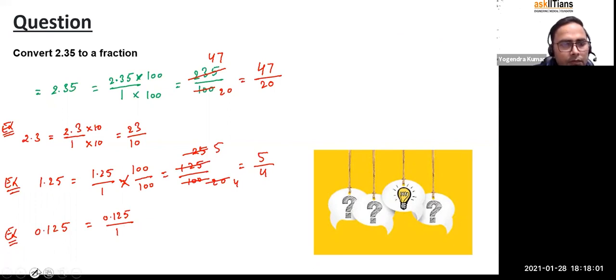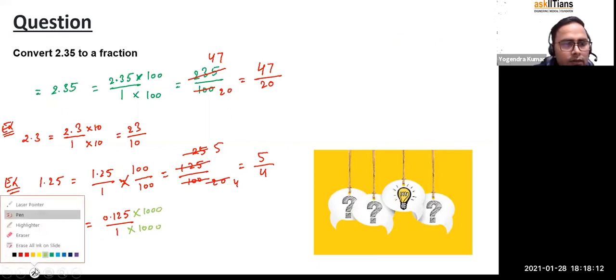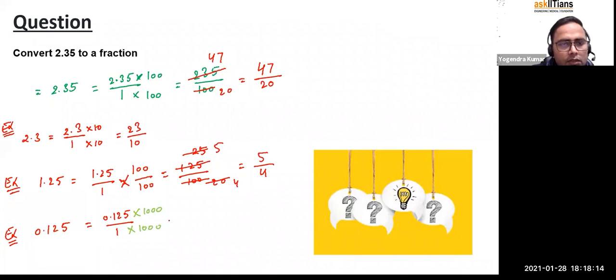What can we multiply up and down? 3 digits are there, so we should multiply by 1000, right? So 125 divided by 1000. Now it can go by 5, right? Or if you know 125 is 5 times 25 and 1000 is 25 times 40, we can simplify, and we get 1 by 8. This is the answer we got, 1 by 8, right?